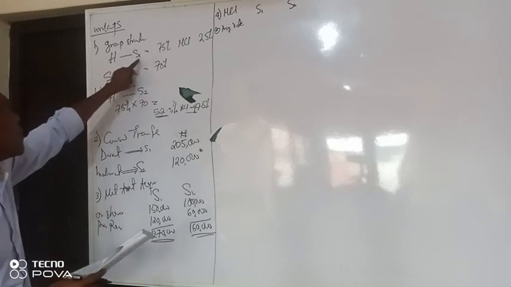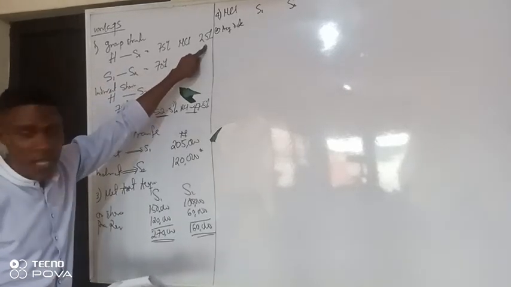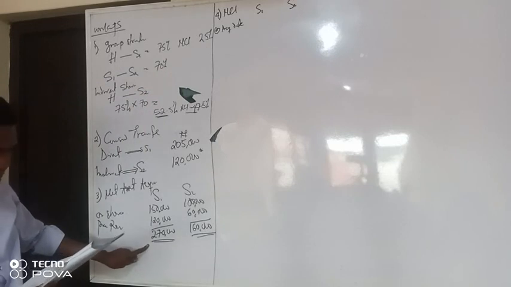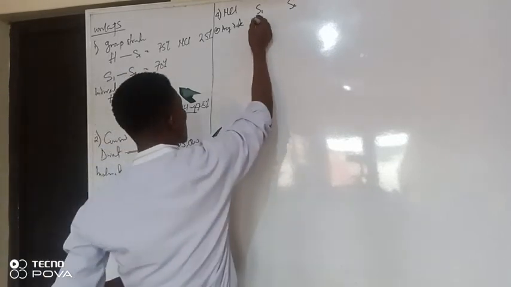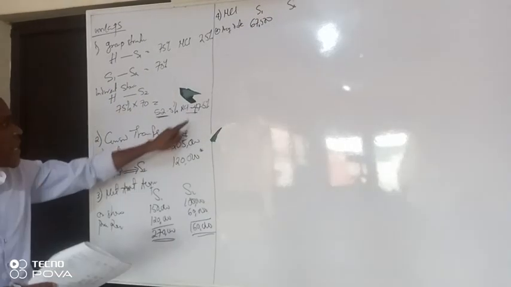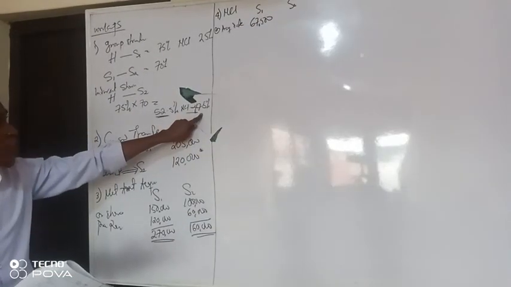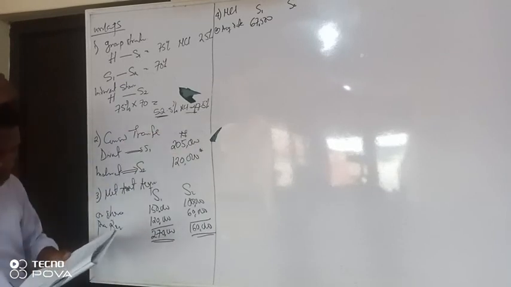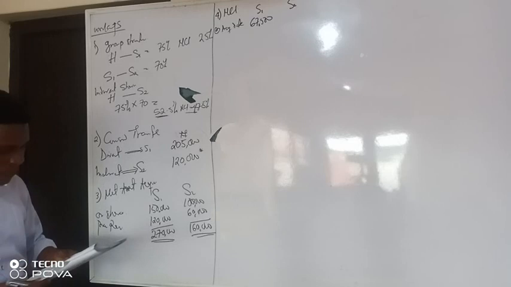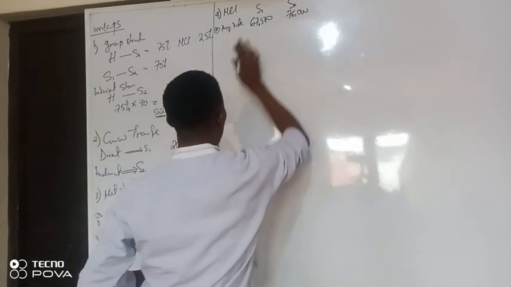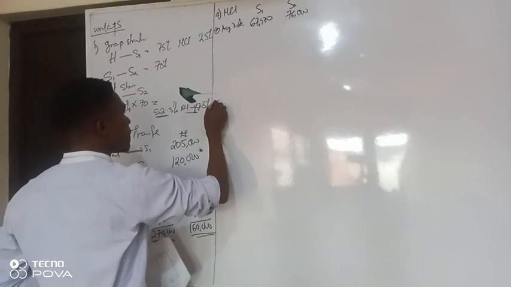Now for S1, what's our NCI? 25% of 270, that is 67,500. Then for S2, how much is NCI? 47.5% times 160,000, that is 76,000. That's our NCI.